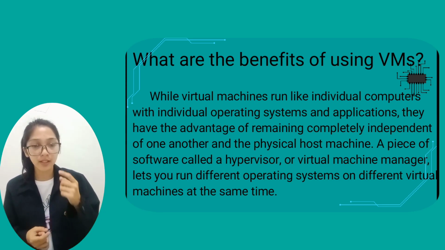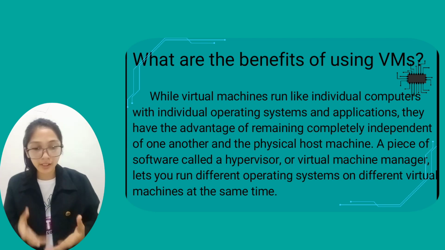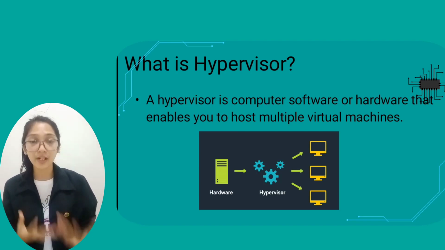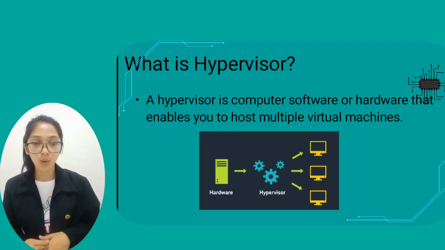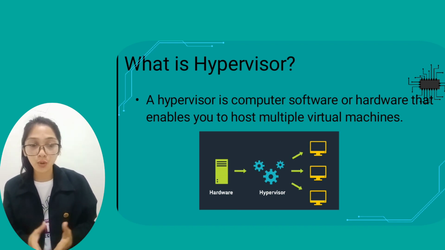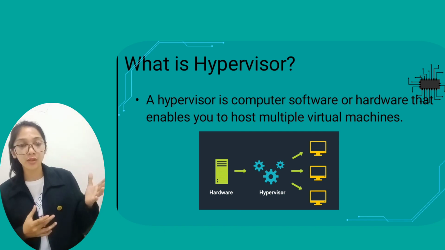A piece of software called a hypervisor, or virtual machine manager, lets you run different operating systems on different virtual machines at the same time. So what is a hypervisor? A hypervisor is a piece of software or hardware that enables you to host multiple virtual machines, just like the pictures shown.